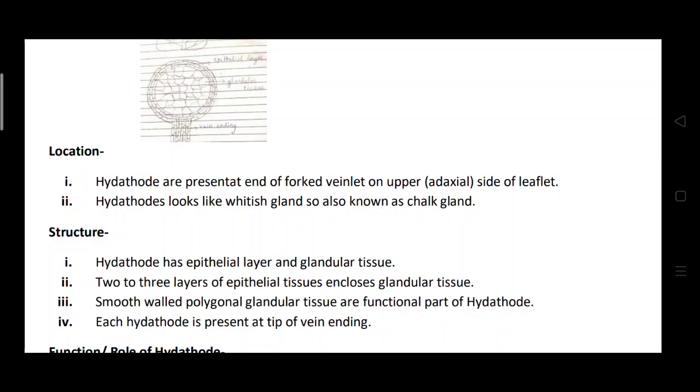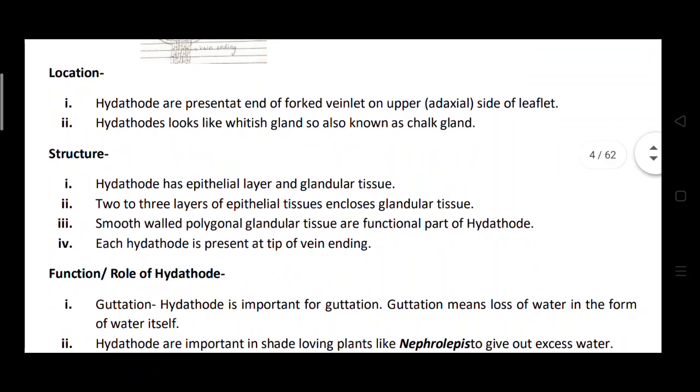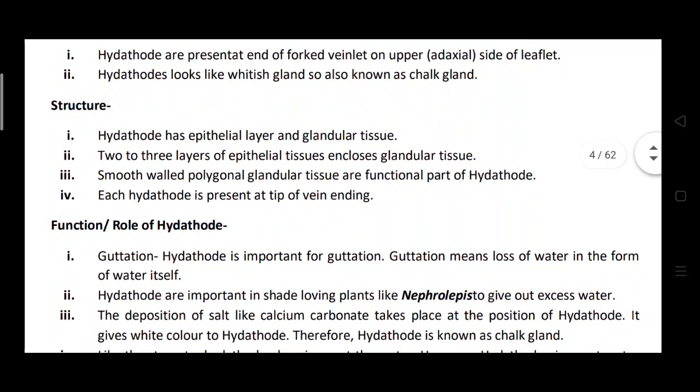The hydathode is present on the end of the forked veinlet on the upper sides of the leaflets. These hydathodes look like whitish glands, so they are called chalk glands. The structure of the hydathode is made of 2 to 3 layered epithelial layer, and this encloses the glandular tissue.